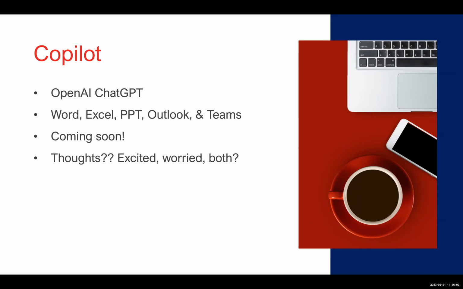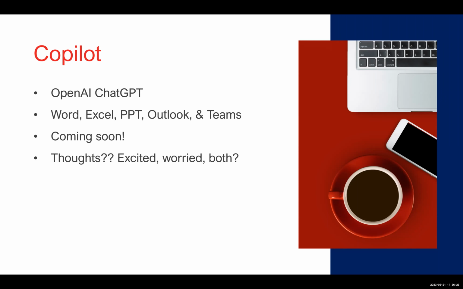But basically, Microsoft has invested a ton of money. I think they invested $1 billion already in OpenAI ChatGPT, and I think they've promised another $5 billion or so investing in this artificial intelligence. And I don't know if you've played around with ChatGPT much. It's amazing. It's absolutely amazing.